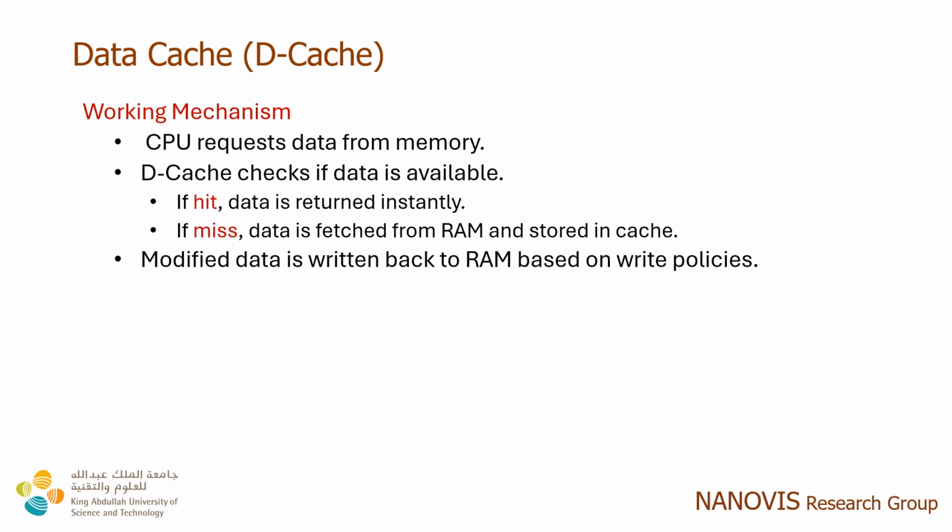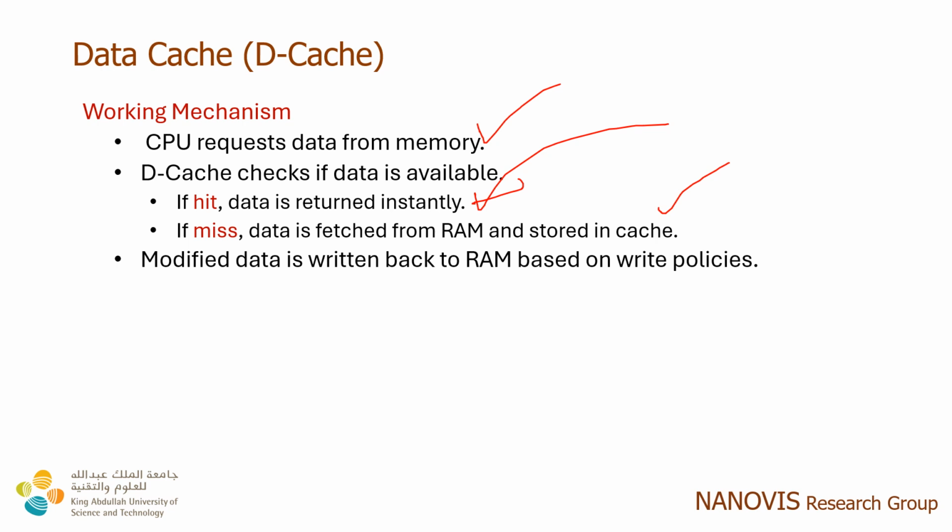The working mechanism is again somewhat the same as with the I cache or a general cache. The CPU requests the data, the D cache checks if it exists in the cache, so it's called a cache hit, and the data is given to the CPU. But if a cache miss occurs, data is fetched from the RAM and stored in the cache for future use.